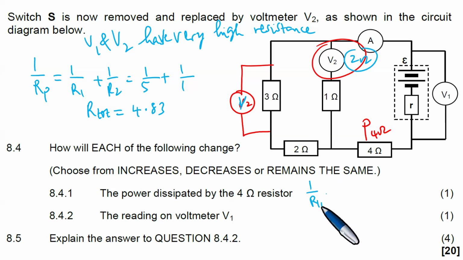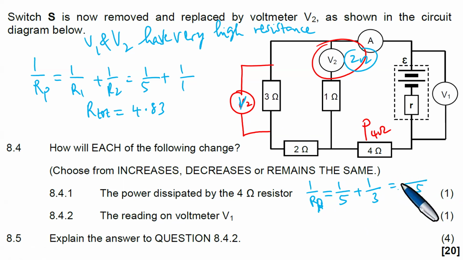What's going to happen? It's going to be 1 over R parallel, 1 over 5 plus 1 over 3, which is 15, because this branch is 3 plus 2, 5, and this one is 1 plus 2, 3. We're just doing a calculation here.